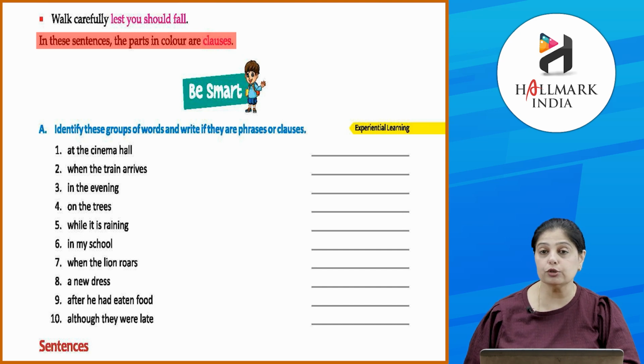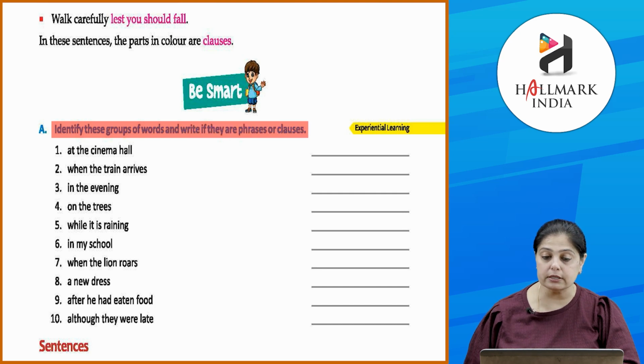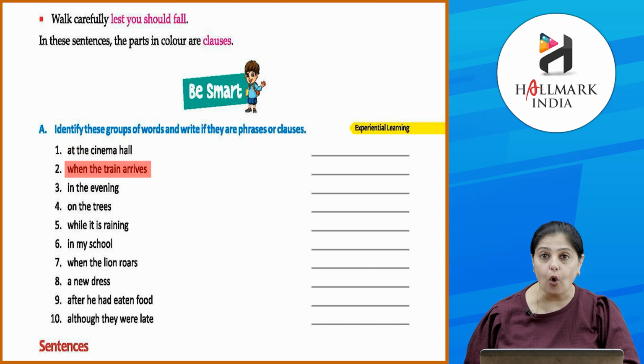Alright, so let's do the exercise to understand this better. Identify these groups of words and write if they are phrases or clauses. At the cinema hall. So we can say that we were waiting at the cinema hall. So this is what? This is a phrase. When we say when the train arrives, that means it's a clause.